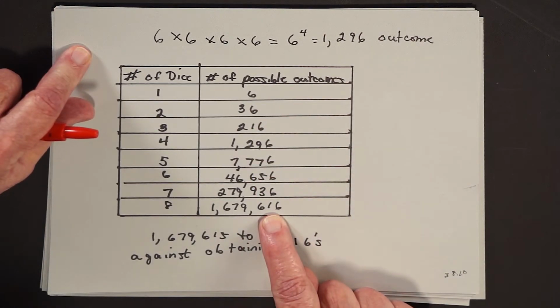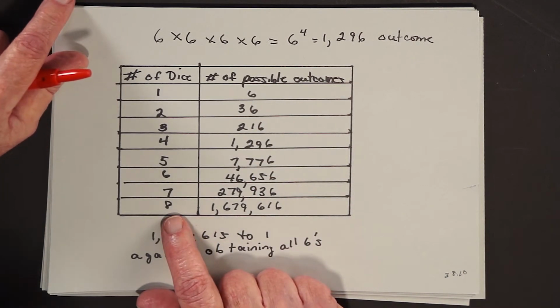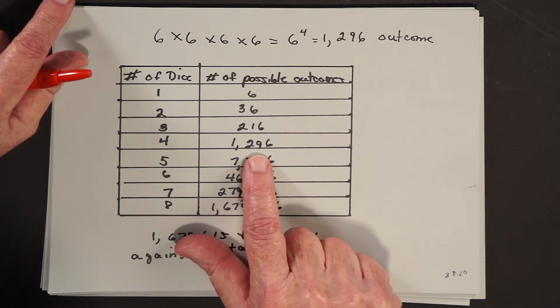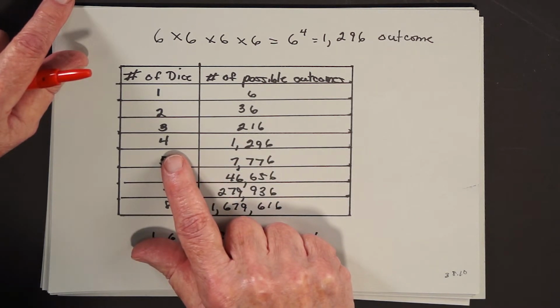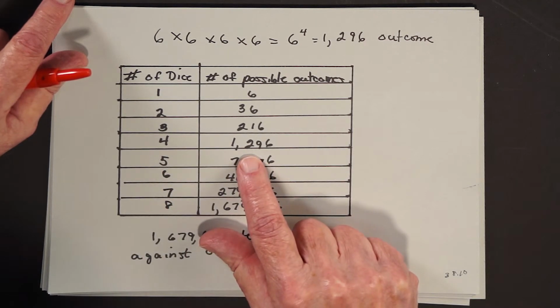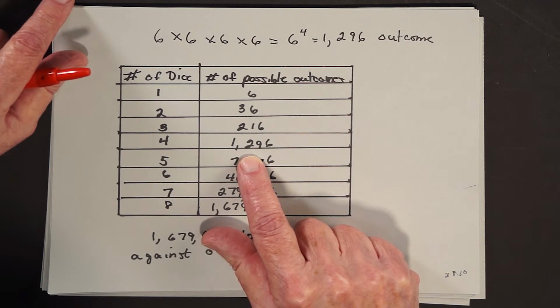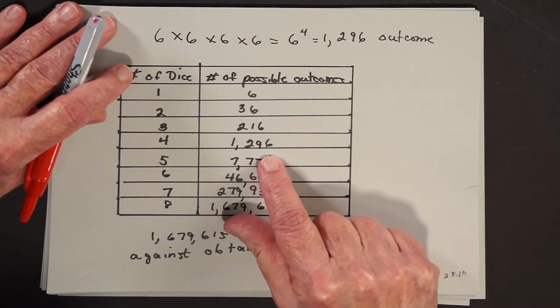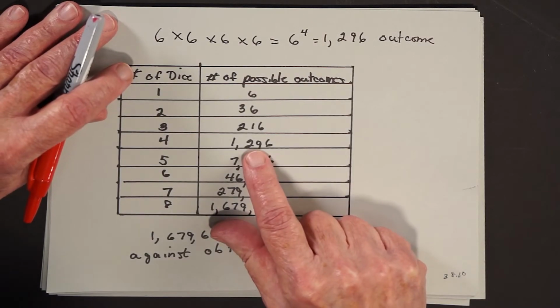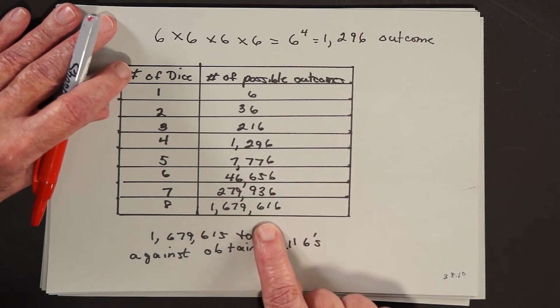You can look through this chart and notice that. By the way, the answer to our problem was we wanted to see how many possible ways there were when 4 dice were rolled simultaneously. The answer there was 1,296 possible outcomes, which means that if you were betting on 4 sixes coming up, for example, you'd have one chance in 1,296 of being correct. And look how fast these numbers grow.